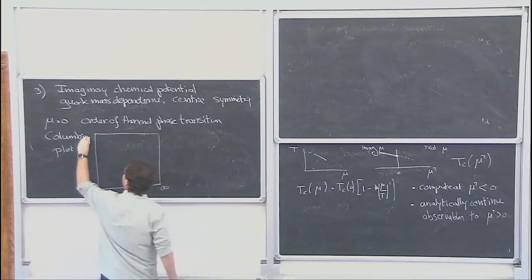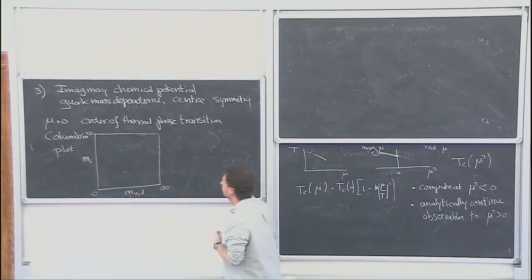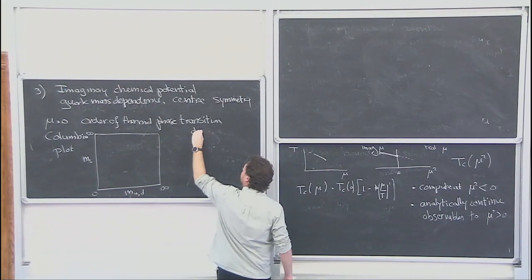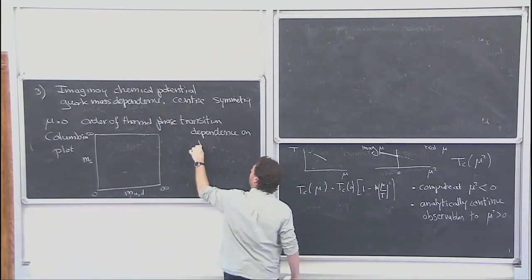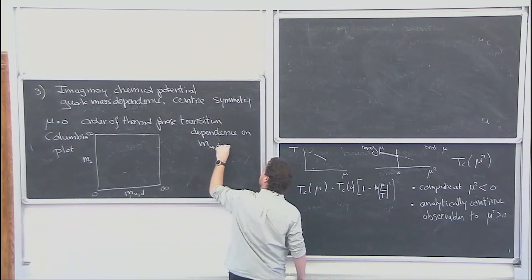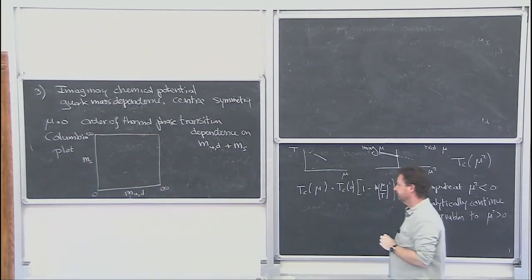And on the vertical axis is the mass of the strange quark. So we look at the dependence on up, down, and strange, so 3 flavors.